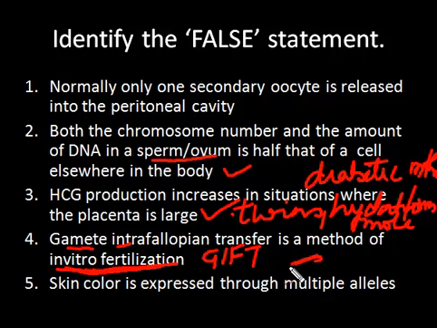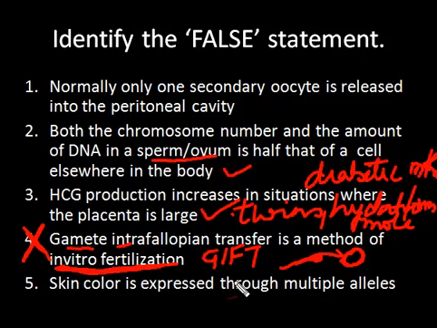So you have the sperms and you have an ovum. Both are placed inside the fallopian tubes. And when the sperm fertilizes the ovum, the fertilization therefore occurs in the fallopian tube. So therefore, this is not a method of in vitro fertilization. So this is the false statement, and hence the answer to this question.